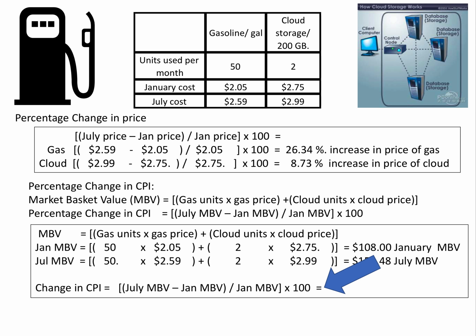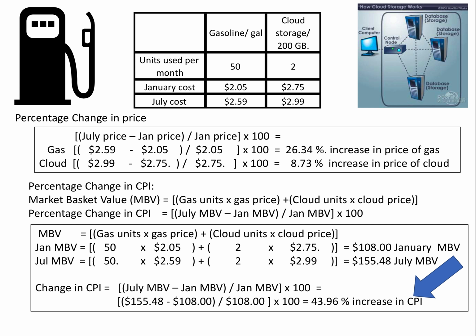Again, we do the July market basket value minus the January market basket value. And when we do this computation, we find that the change in the Consumer Price Index for this two-product country ends up being a 43.96% increase.